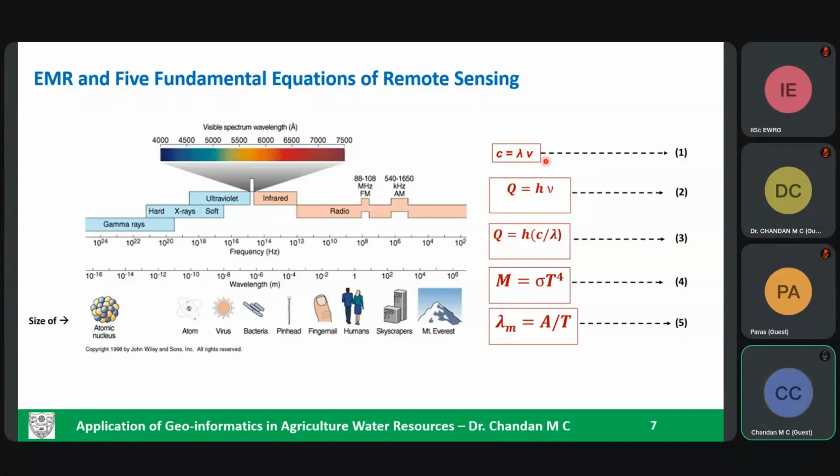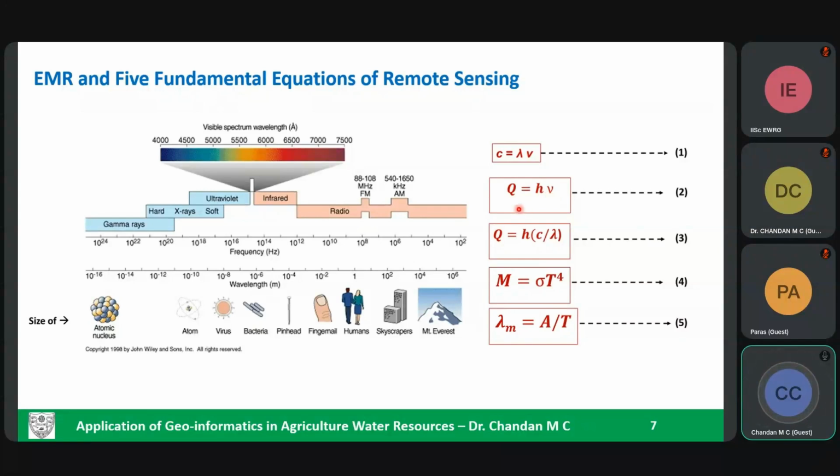The first one, of course, all of you are much familiar with: C is equal to lambda times nu, where C is the speed of light or the velocity, lambda is the wavelength, and nu is the frequency. This is called the characteristics of electromagnetic energy in terms of wave theory. We also have the characteristics of electromagnetic energy in terms of particle theory. So what does the particle theory say?